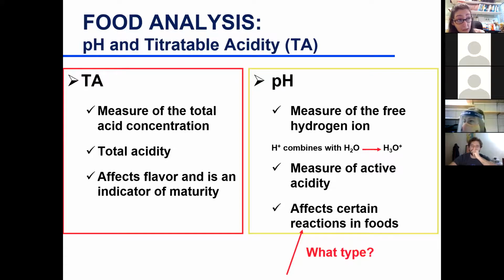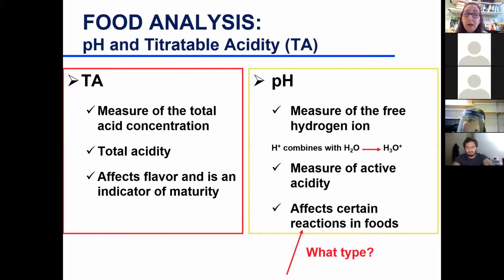If we look at pH, on the other hand, it's a measure of the free hydrogen ions, the ones dissociated from the acid. They bind to water, and they give you what we call hydronium ion.